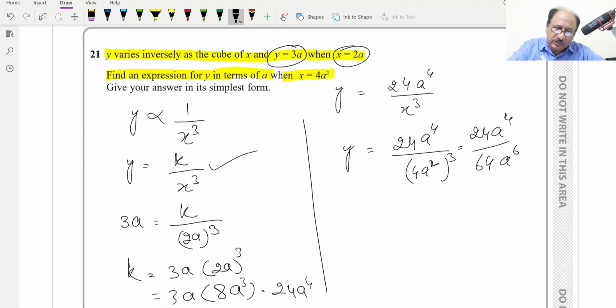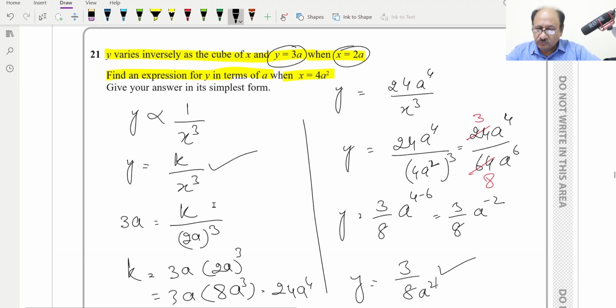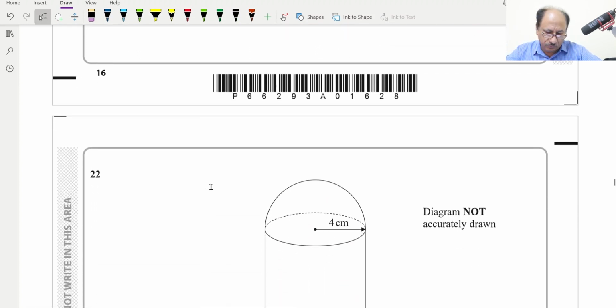Now we can cancel: 8 threes are 24 and 8 eights are 64. So our final answer is y is equal to 3 over 8 and a raised to the power 4 minus 6, so 3 over 8 a raised to the power minus 2, or 3 over 8a squared. This will be our final answer which we were supposed to find.